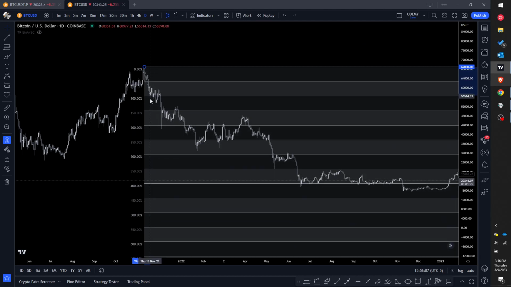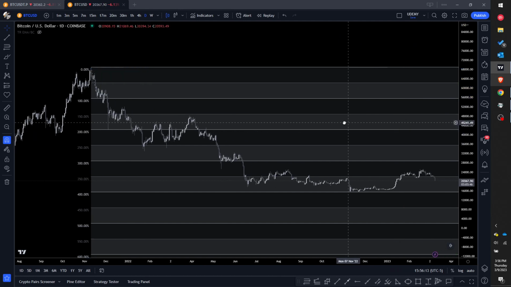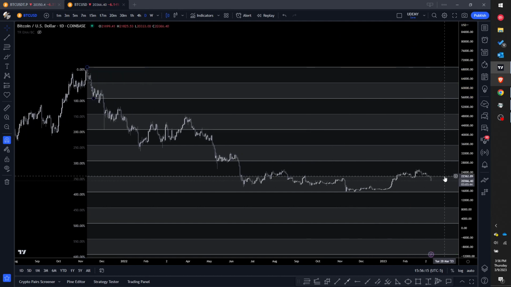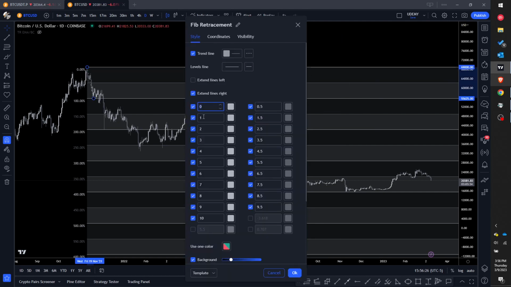I think that looks right there. Looks good. The point I want to make here is that the way I'm using the Fib tool now is completely different. There are actually no Fib numbers on there at all. You just see it's all ones and 0.5s all the way down.